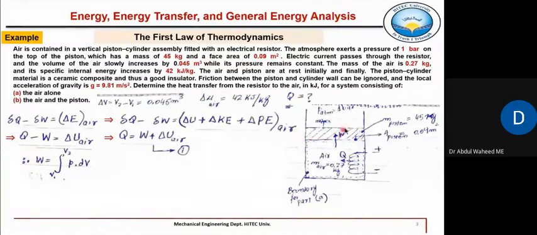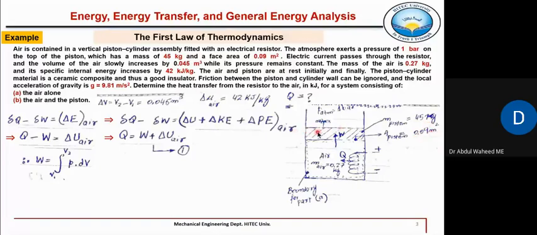So this total pressure on this air during this process does not change. That is a constant. So air is doing work against this constant pressure from the surroundings. And what is this constant pressure? There are two pressures. One is atmospheric pressure, which is acting on this area. What is this area? Piston area, which is given 0.09 meter square.